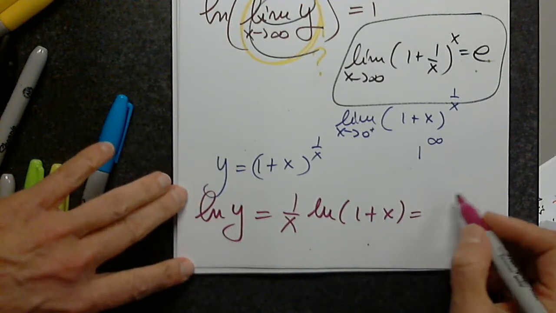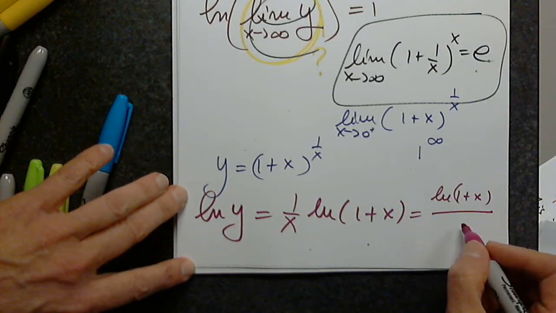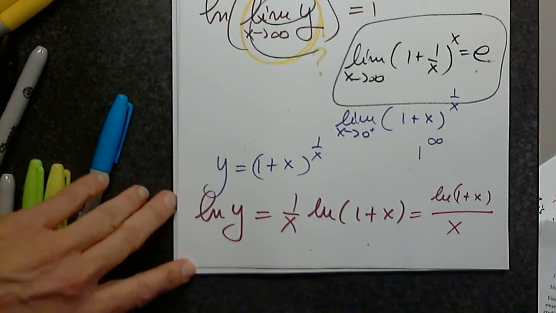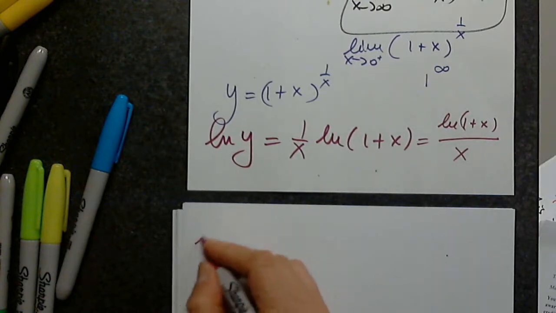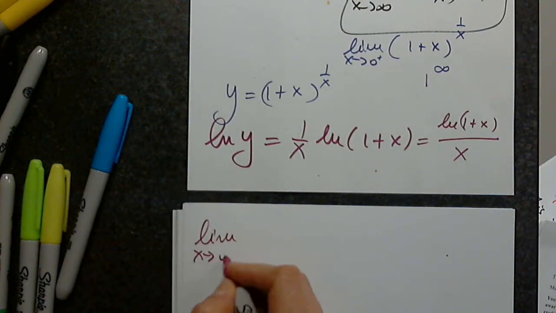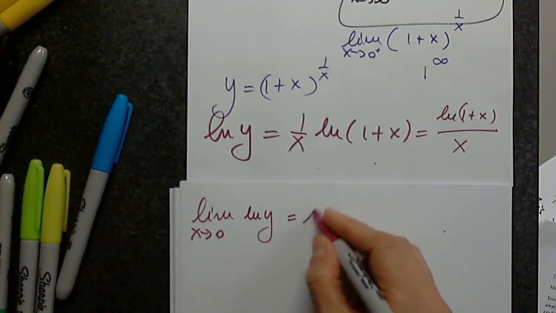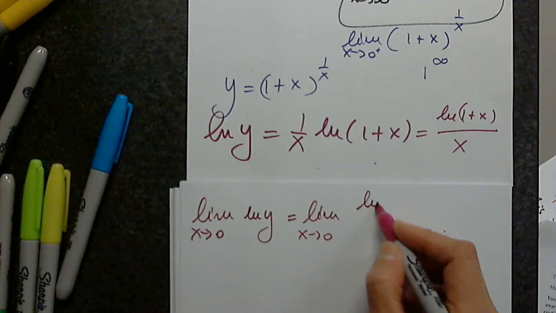Lucky me, this time it's already a ratio, so I don't have to manipulate anything. Now I'm going to apply the limit as x approaches 0 to natural log y, which is the same as the limit as x approaches 0 of this ratio.